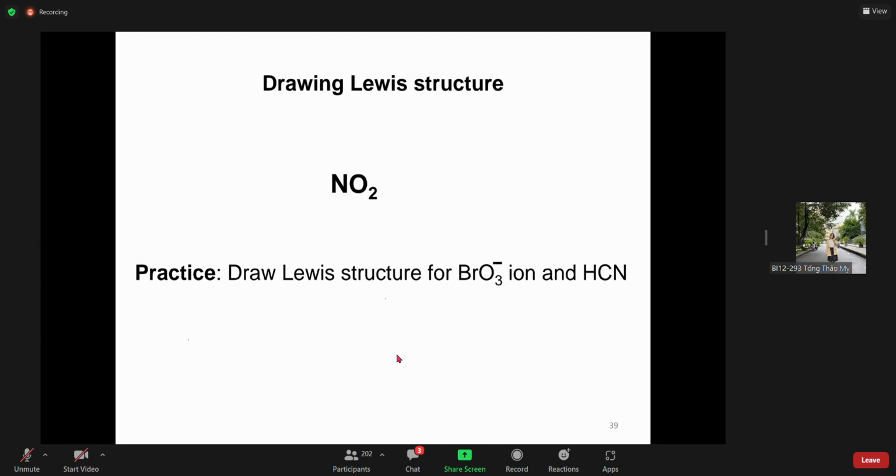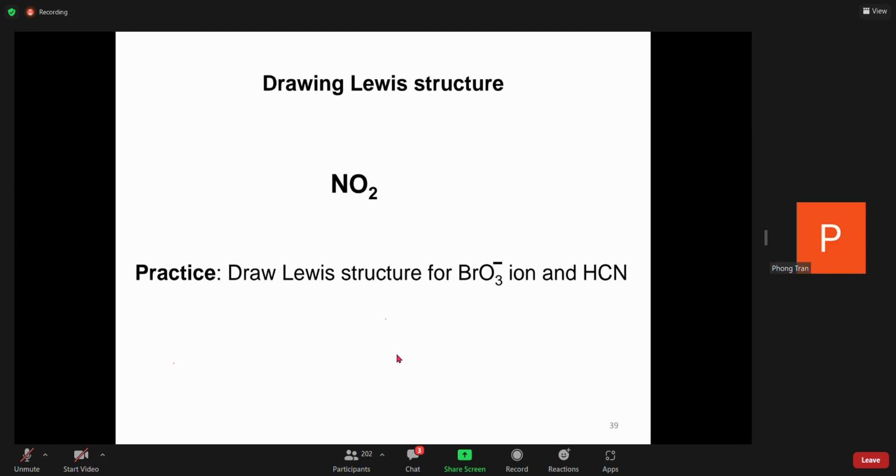It's Thảo Mi. Okay, Thảo Mi. So Thảo Mi proposes another structure. And then you will see that the other structure can also be likely, that means can also be acceptable if all the atoms are surrounded.